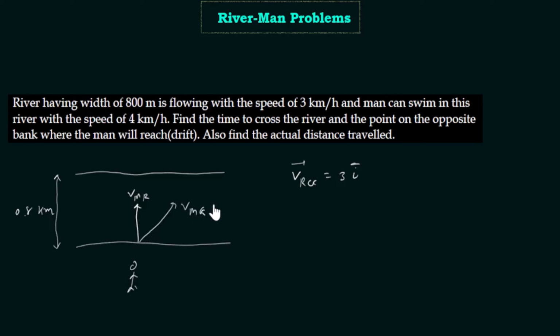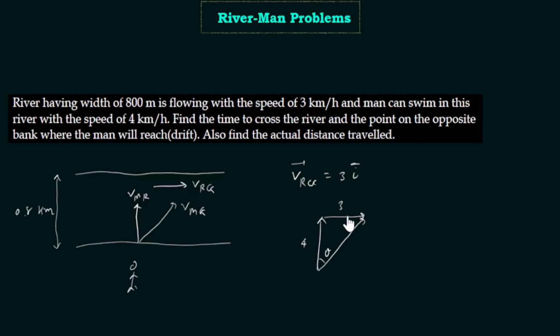Now here you can see that this is the speed of river with respect to ground, which is in the positive x direction. So this will ultimately be theta. It is 4 and this is 3.